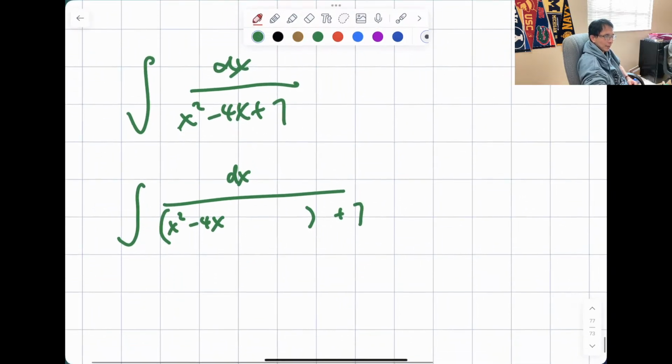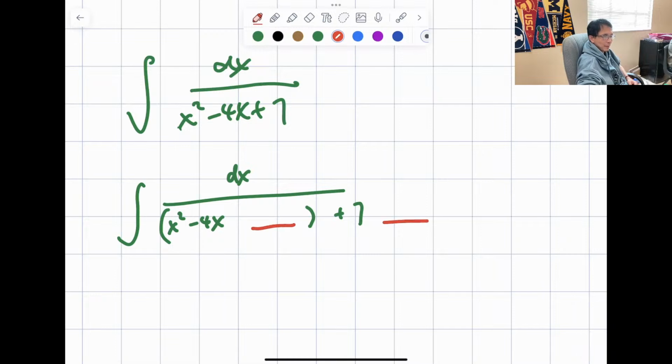We've got to fill in that blank. Complete the square: take the middle term, which is -4, always divide by 2, and square.